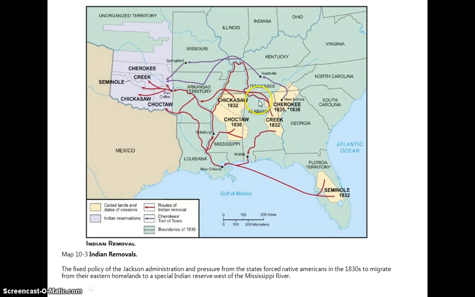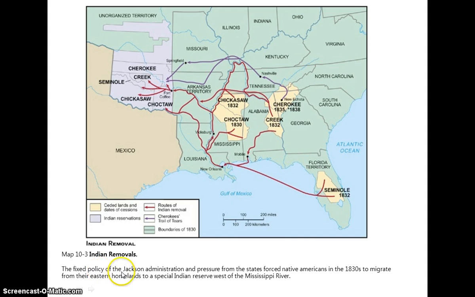The arrows show the movements of Indians moving to the middle, and the red arrows are the Indians, and the purple ones are Indians moving in the Trail of Tears, which was like a railroad that Indians had to move to the west.